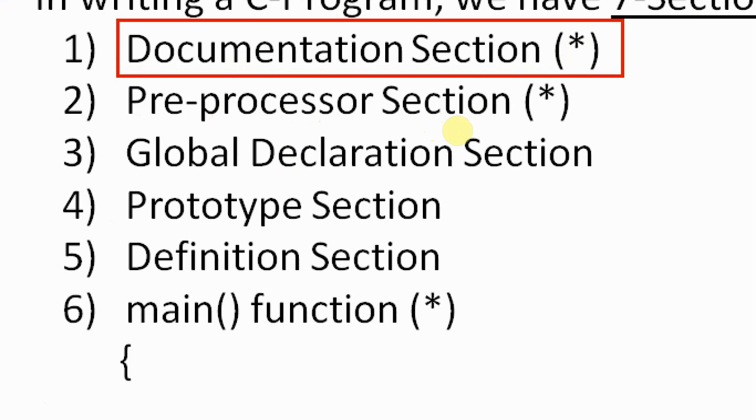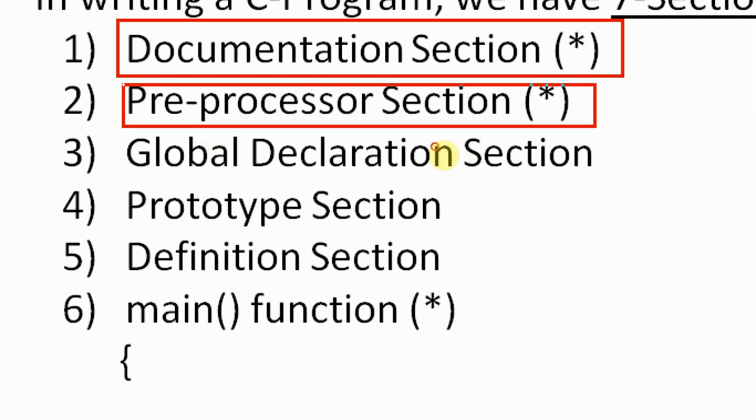Comments provide easy understanding of the program. They provide a description of a program. Next, the second section is the preprocessor section. In the preprocessor section, we write header files or library files. Example, #include <stdio.h>. Next, we have global declarations.